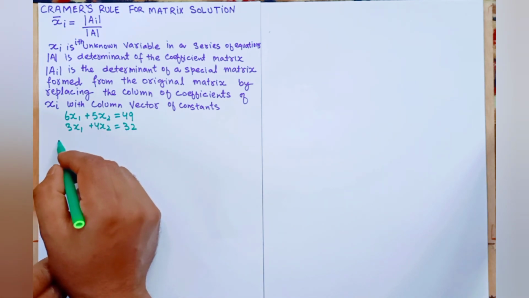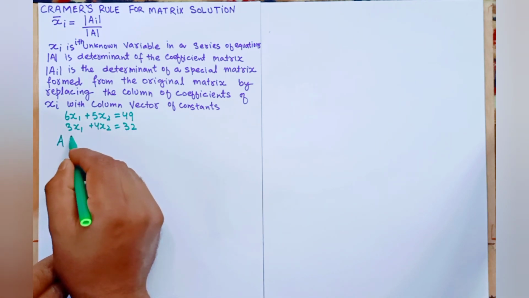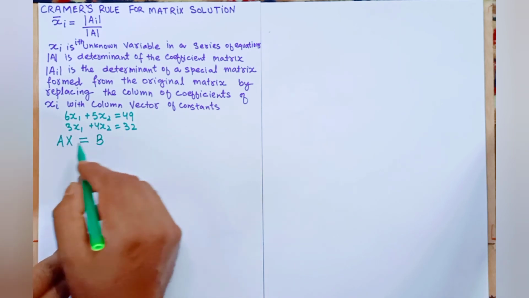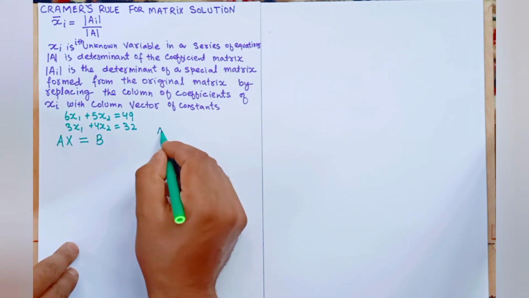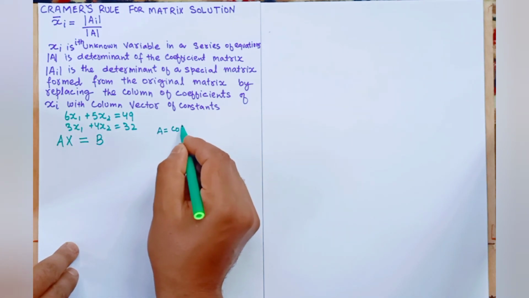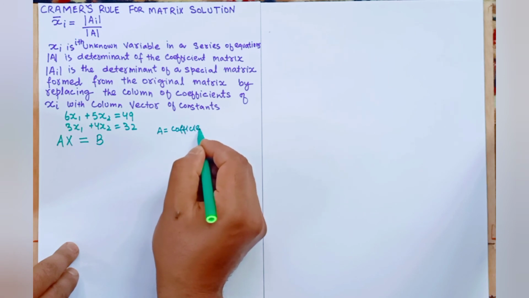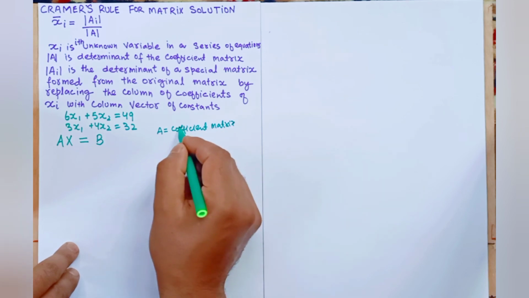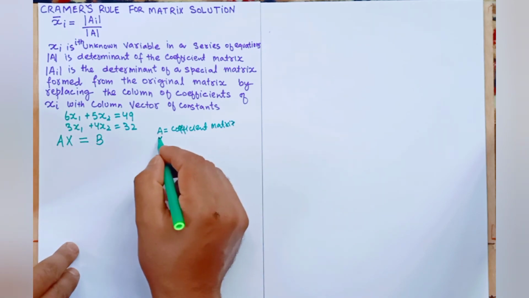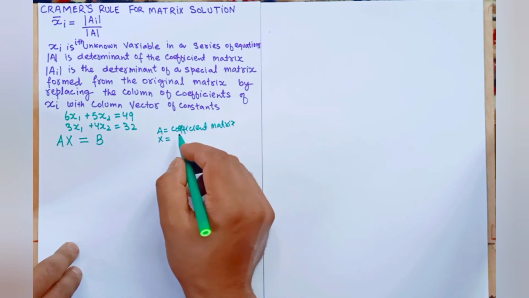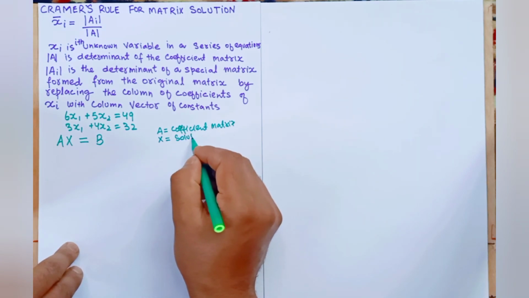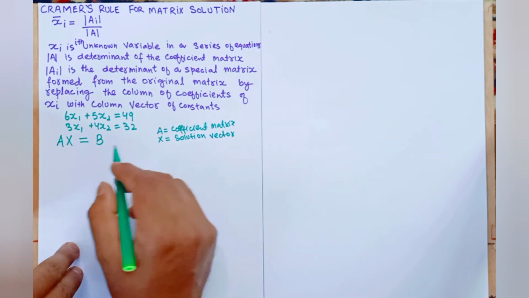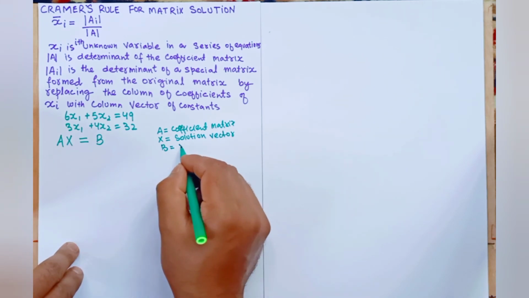That is, the matrix form is Ax = b, where A is the coefficient matrix, x is the solution vector, and b is the vector of constants.